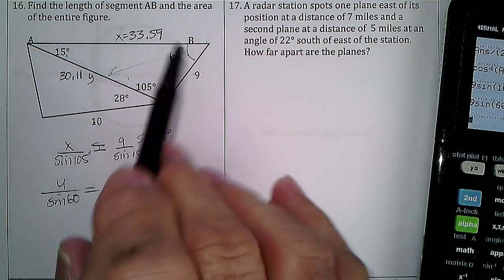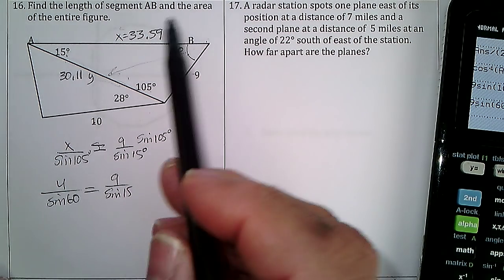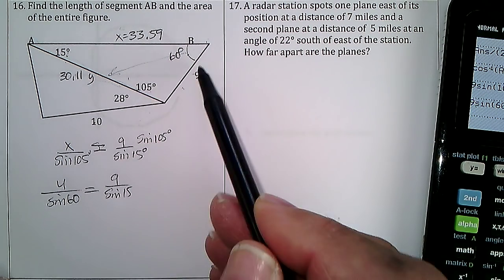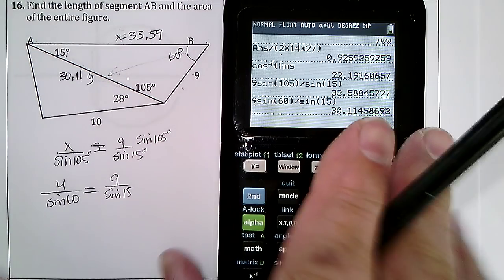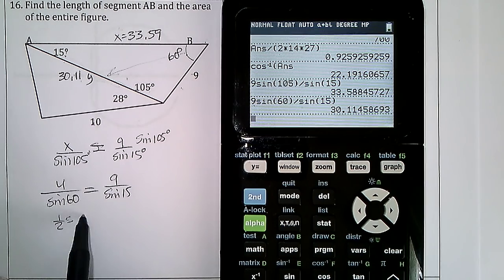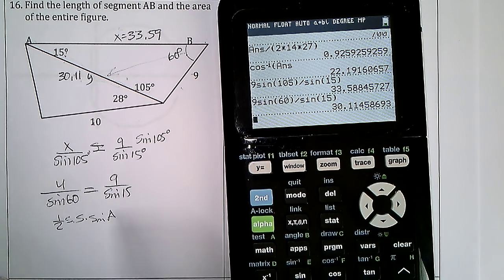So the area of this top triangle, I could use side angle side or side angle side. I can do any of those and get that. The formula is 1/2 side times the side times the sine of the angle between.